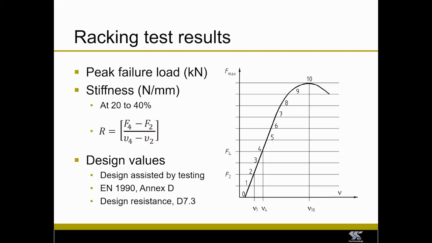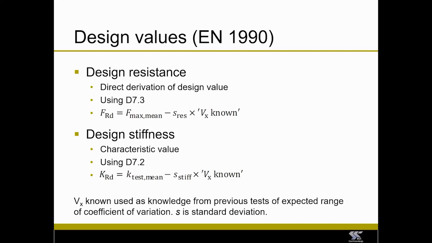And then calculating the design values follows the Eurocode methodology, that of Eurocode EN 1990, and it's given in Annex D. So I won't go into this in too much detail, but there's a slightly different approach for the design resistance and the design stiffness. For both of them, you effectively calculate the mean result from your tests, and then you subtract a number of standard deviations from your results to come up with a design resistance or a design stiffness from that set of results.